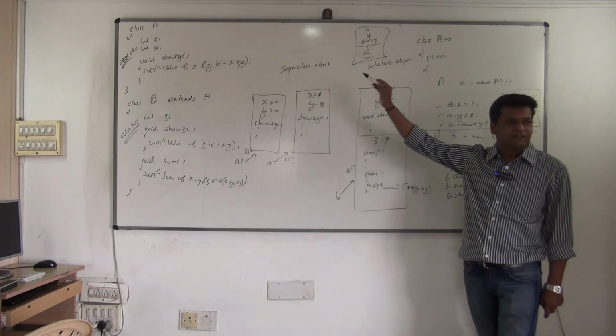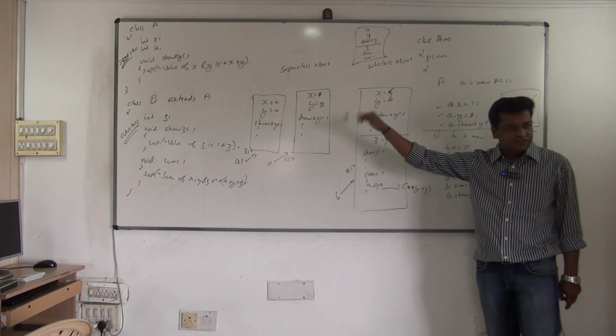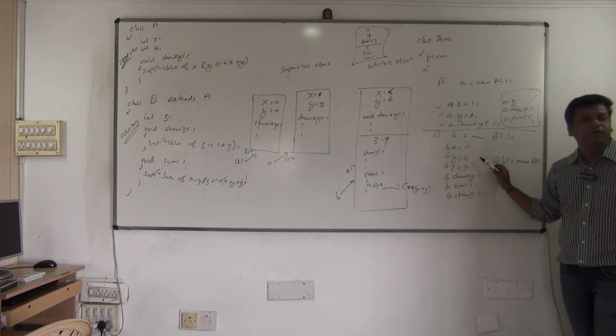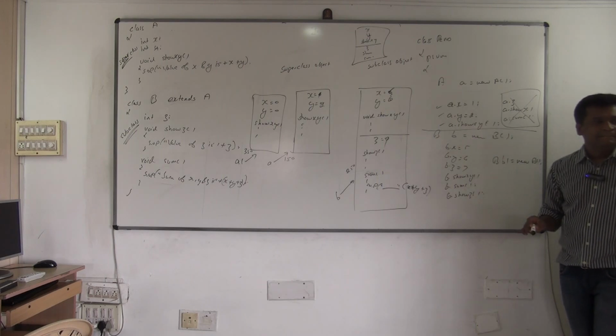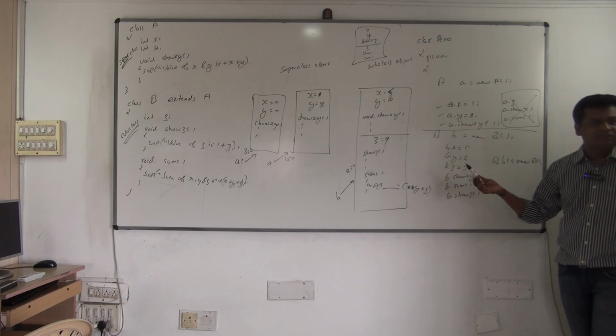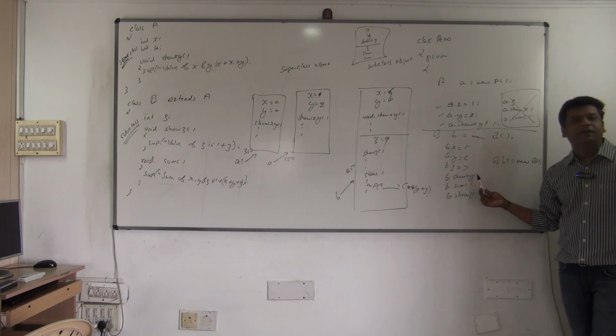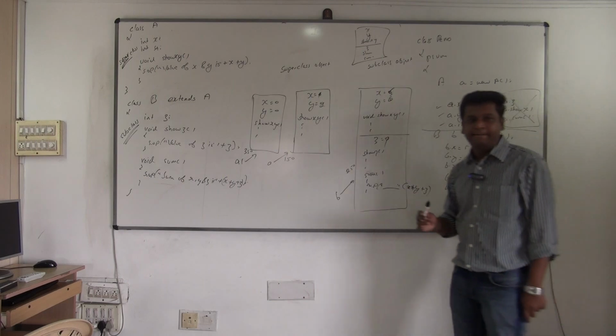See, X and Y is accessed where? In subclass. Same X and Y is accessed where? Demo. Demo is a different class, no? Is demo related to class A? Or is demo related to class B? No, it's an independent class. So how did you access it? B.x, B.y. This is how you go on working.